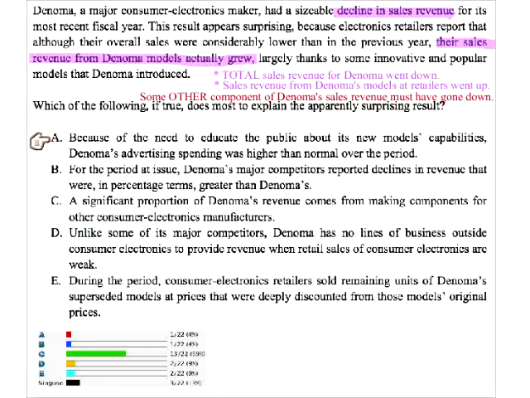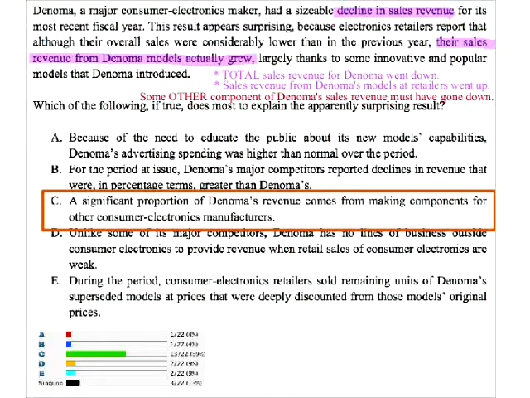So this doesn't affect that, because this is not anything that's sold. These are in percentage terms, but they don't tell you anything about Denoma. This is it because this is another component of sales revenue. So if other manufacturers' models sales went down, which is certainly likely given this climate of sales here, this would explain it.